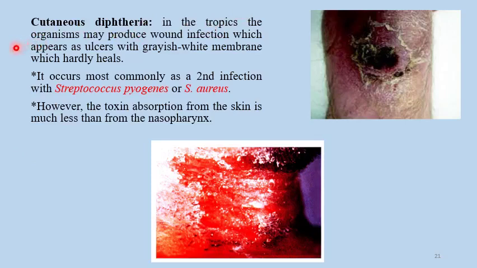It begins as a wound and then this wound gets complicated by infection with the organism. It causes ulcers with grayish white membrane which hardly heals. Another problem is that usually secondary infection with Streptococcus pyogenes and Staph aureus also happens with this skin infection, so its healing is very difficult and it is covered with the pseudomembrane.